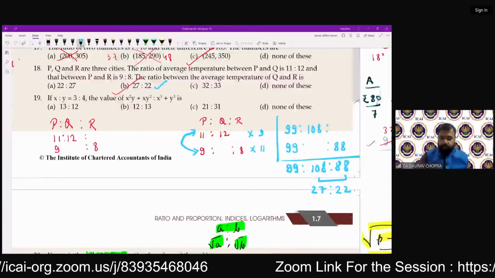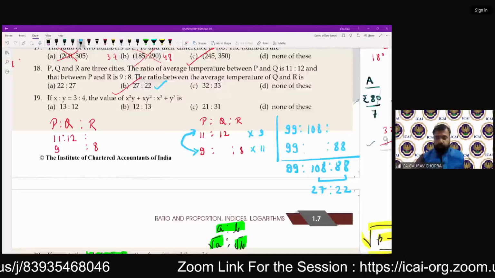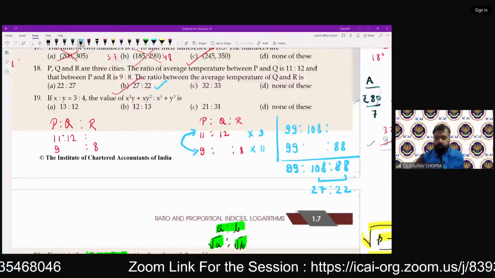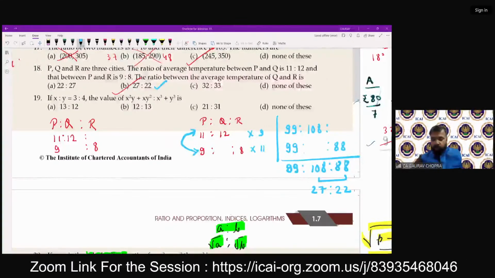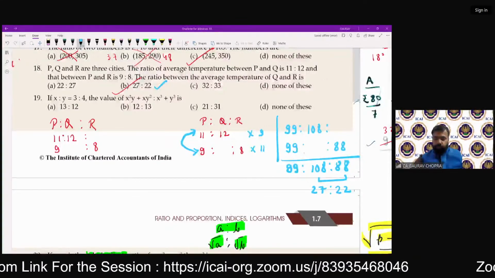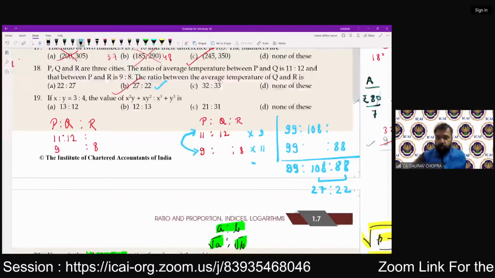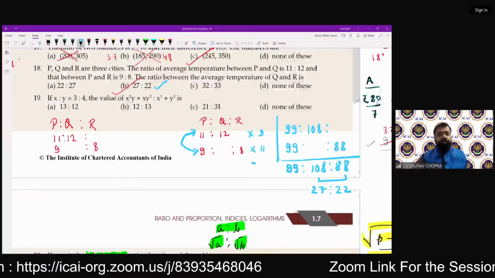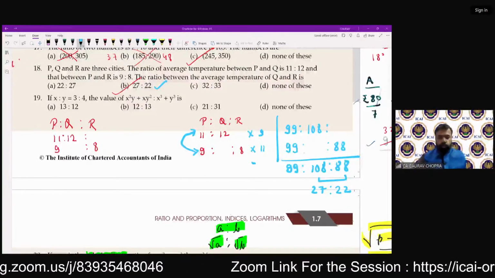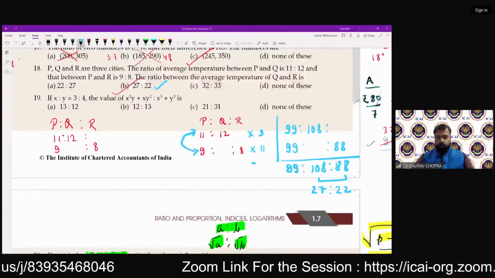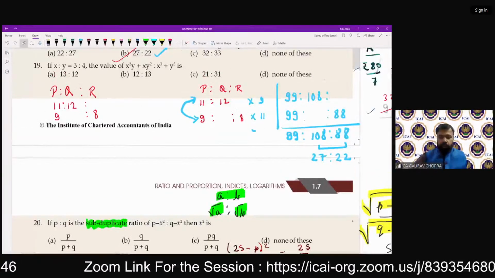Okay guys, any doubt in this question? Yes, so many of you have given the answer. That's good. Any more doubt you are having related to this topic, that is duplicate ratio, triplicate ratio? No?